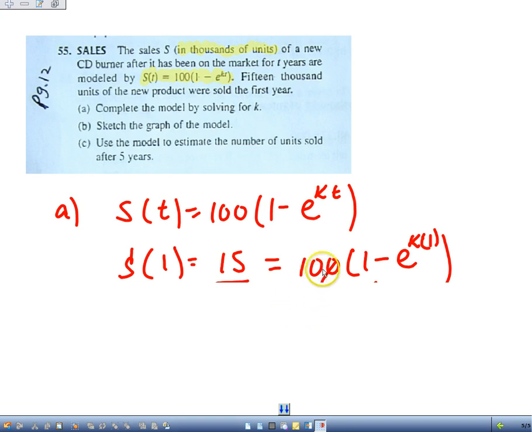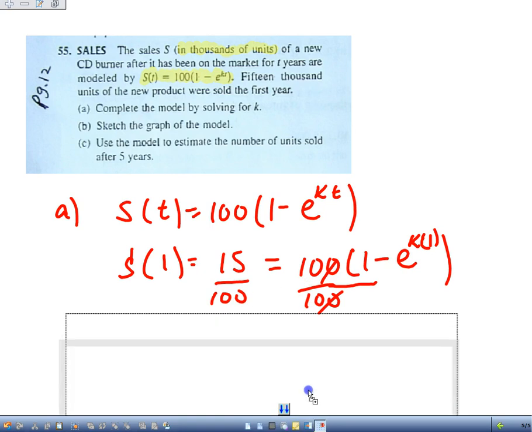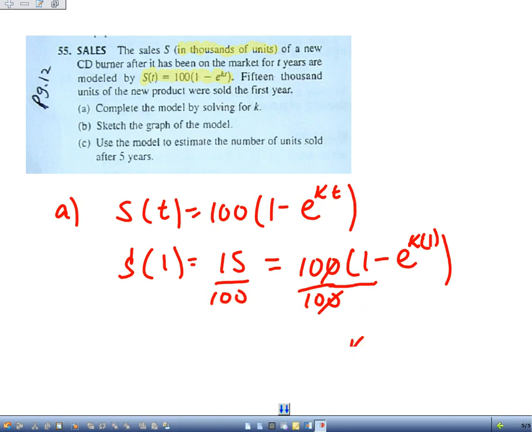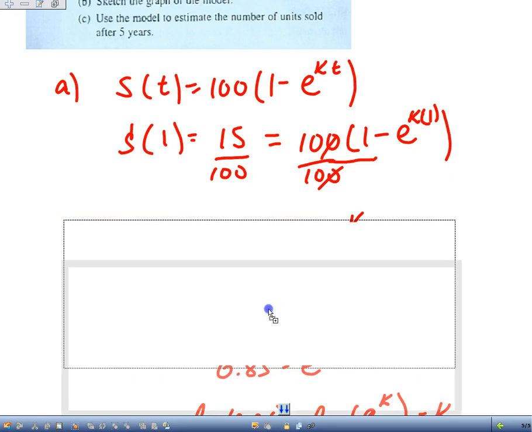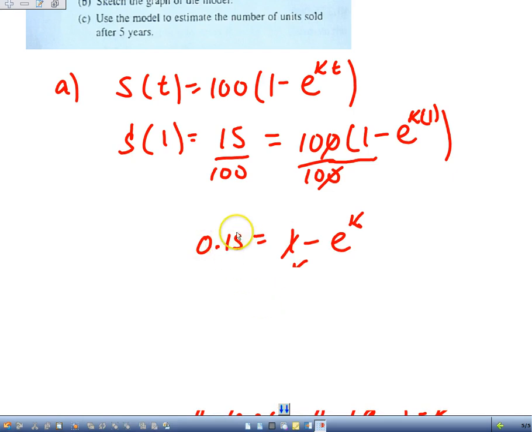The first thing to do is divide by 100 on both sides. Once you do that, you get 0.15 is equal to 1 minus e to the k. k times 1 is just k.